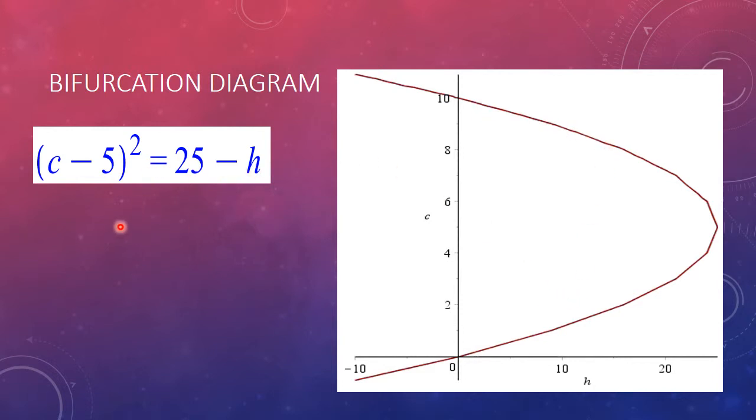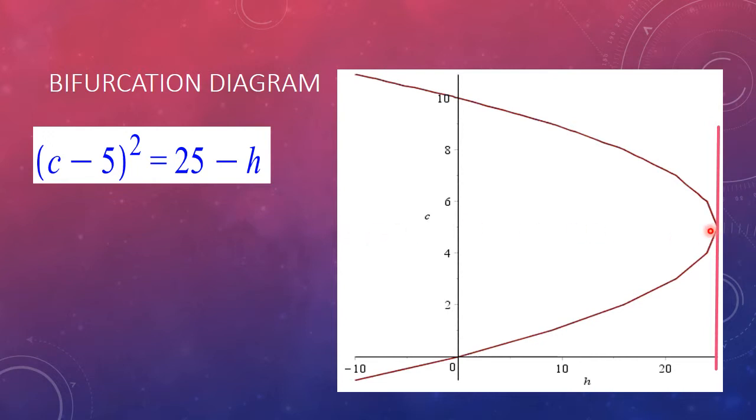So let's look at this. Now, let's say I have a solution right here, okay? That only happens when I could make this equal to h, say 25, that gives me a 0, and then c would be equal to 5, that would give me a 0, right?